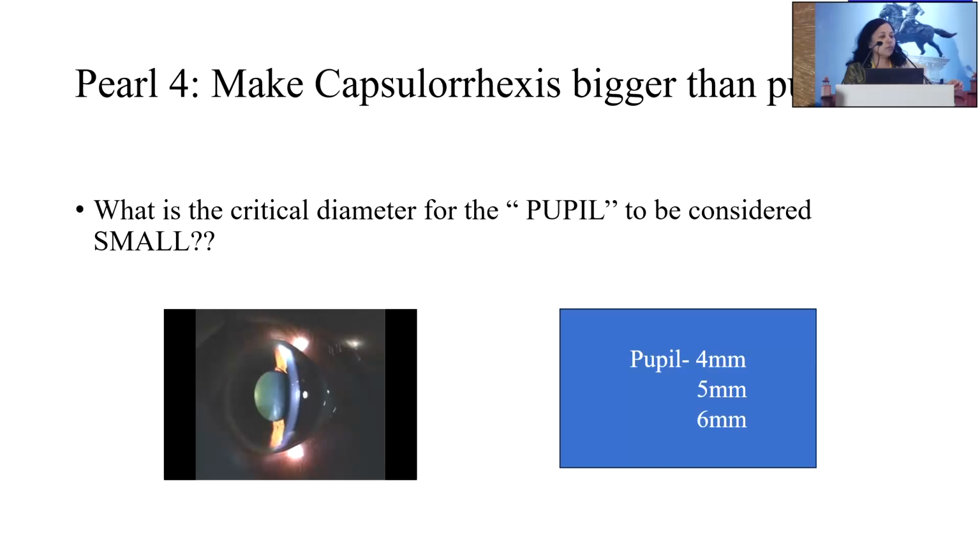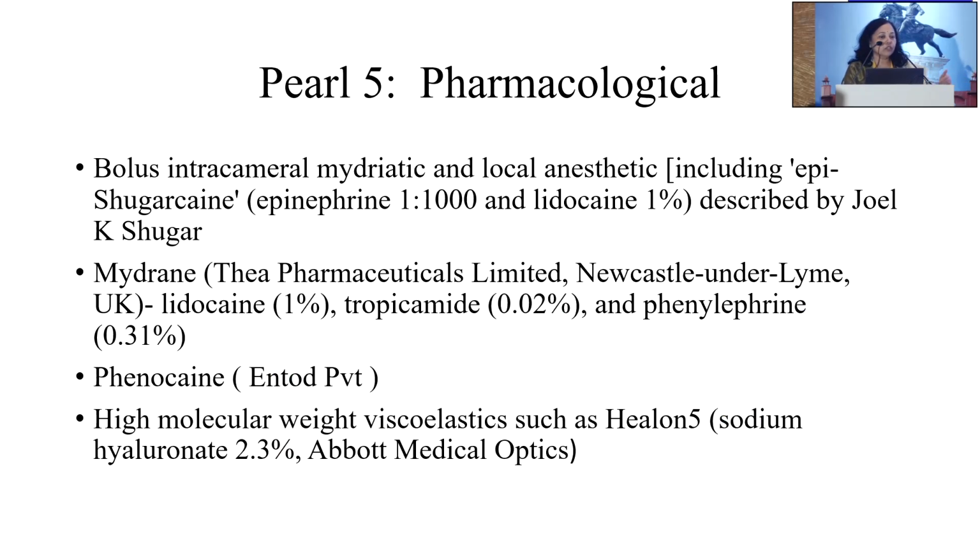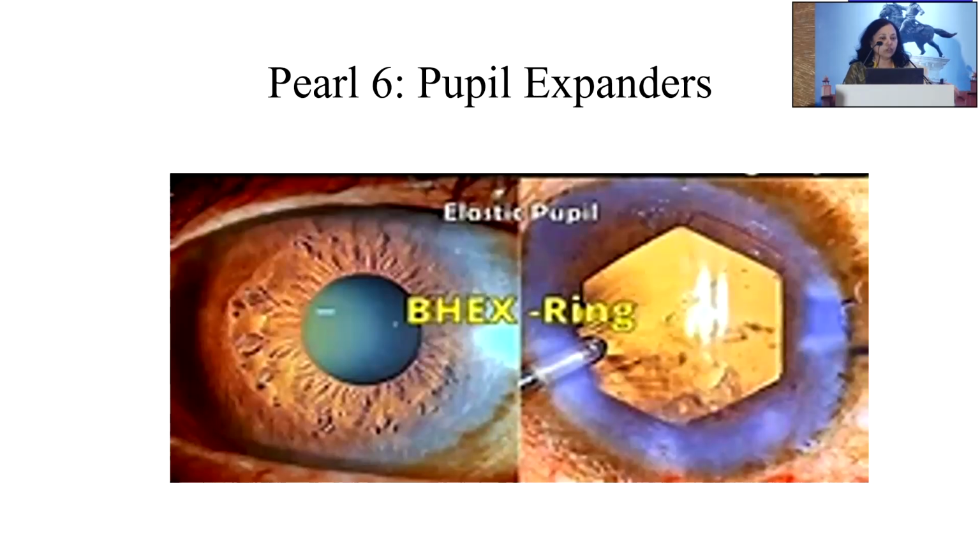The next important point: what is the critical diameter of the pupil to be considered small? An expert surgeon can go about doing it with 5 millimeters, but at 6 millimeters or less, even for an in-between surgeon it's difficult to go on. I'm not discussing the pharmacological, it's already dealt with.